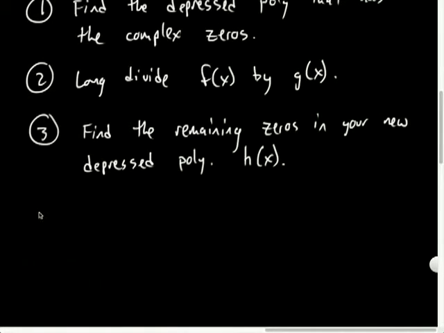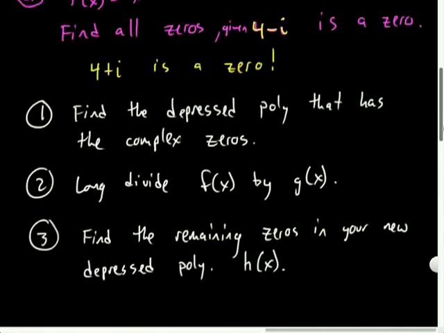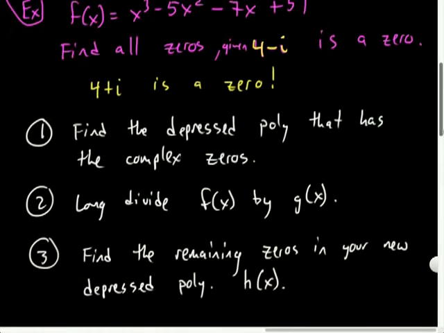So here, let's find the new depressed polynomial. If 4 plus i and 4 minus i are zeros, now guys, what about this? If I told you that x plus 3 is a factor, what would you tell me its zero was? x equals negative 3 would be the zero.